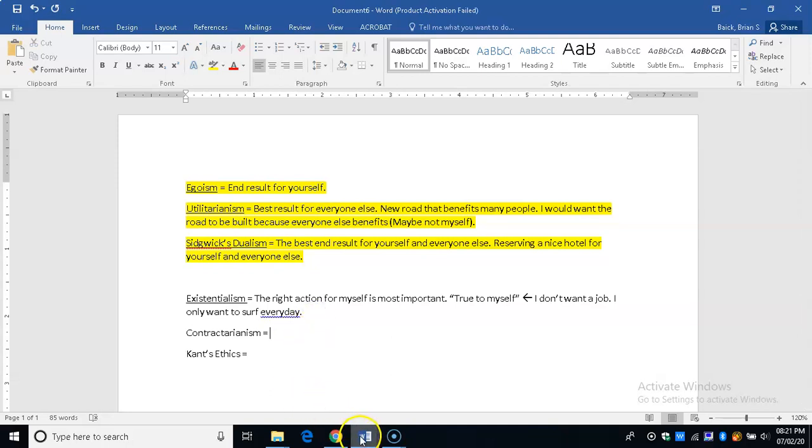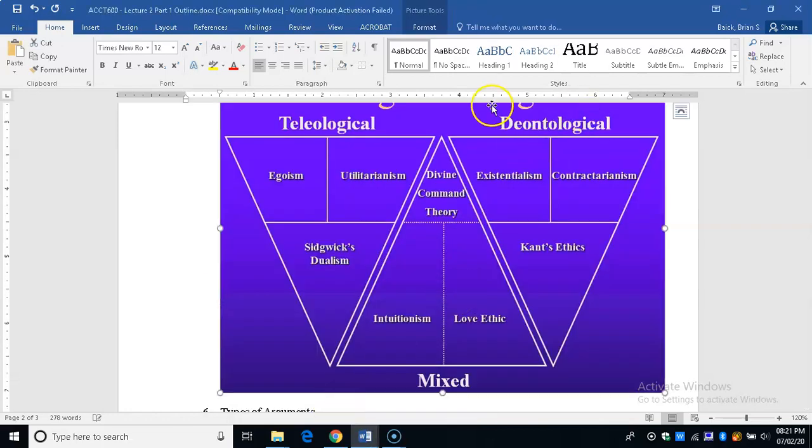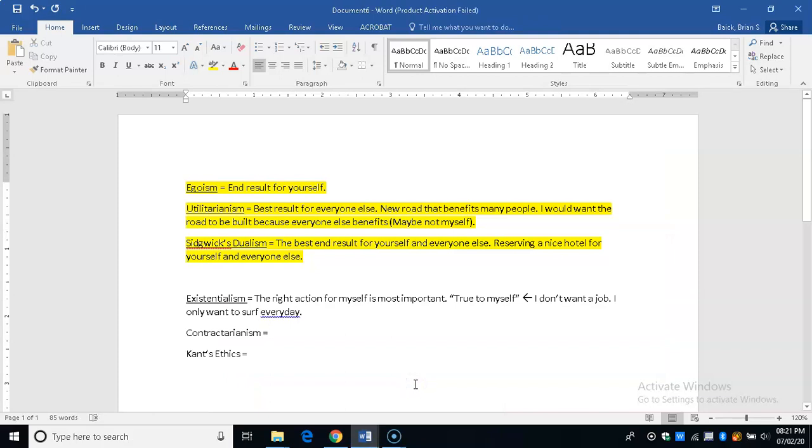Remember, deontological means non-consequential. Non-consequential or non-consequentialism means action needs to be prioritized or intent needs to be prioritized. So if I'm worried about the action just for myself, I'm worried about doing the right thing for myself, then you can say that you are an existentialist.